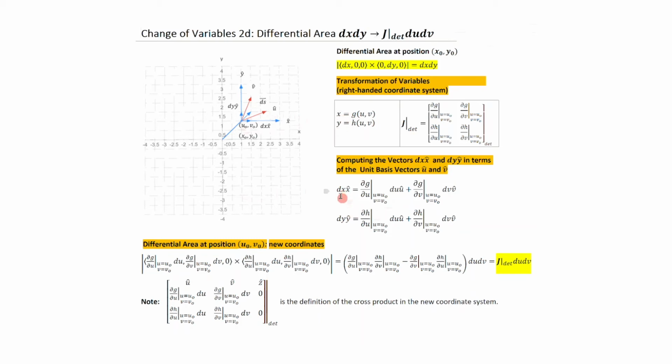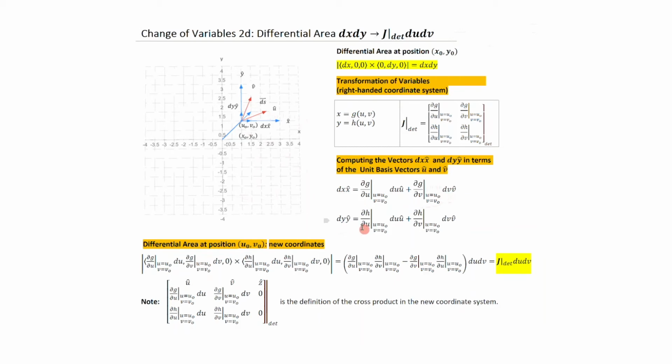And so this dx x hat is the partial derivative of g with respect to u, holding u and v constant, du. So this is a measure of length. U hat plus dg dv holding u and v constant at a specific value, which is the corresponding coordinates in the new coordinate system that's at u0 and v0 at this location. dv is basically, this becomes the length in the v direction.